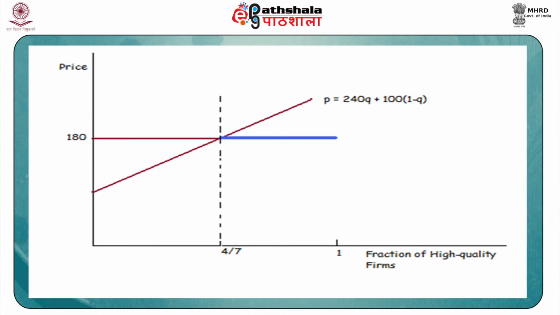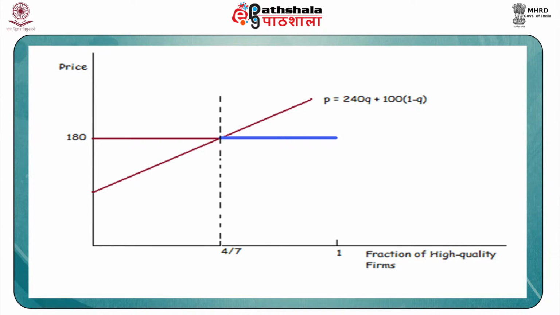Consumers are willing to purchase umbrellas only if 240Q plus 100 into (1 minus Q) is greater than or equal to 180. The boundary of this region is illustrated by the dashed line in the figure. The equilibrium value of Q is between 4 by 7 and 1.